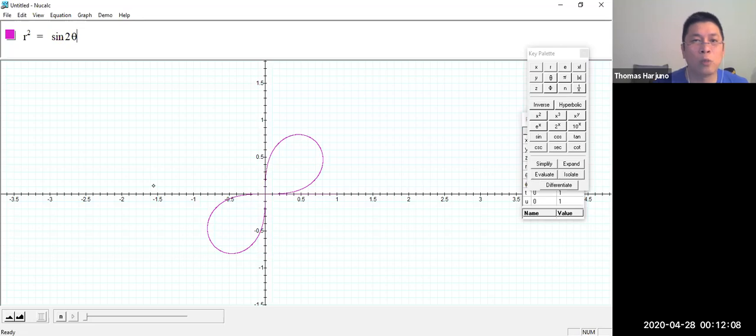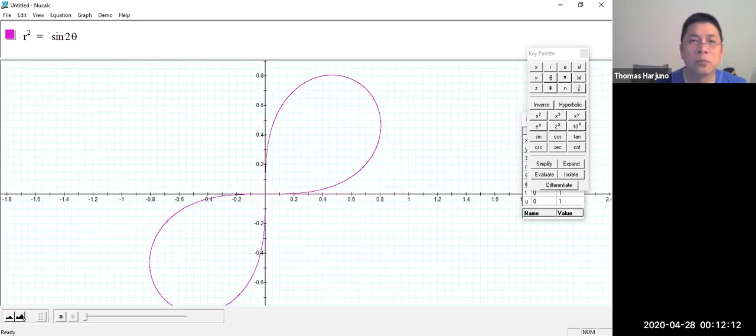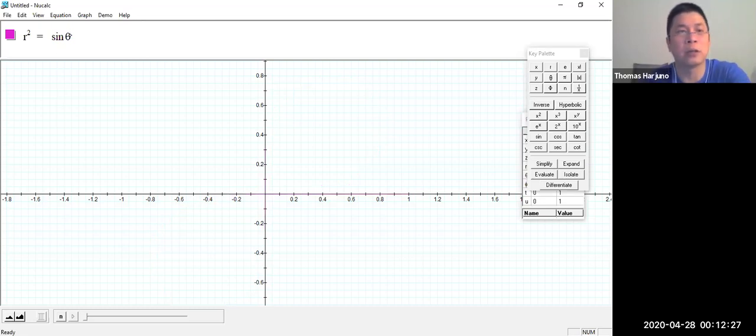The radius is still 1, as I know. The distance from the origin to the furthest point is 1. Okay, still 1 there. Now what happens if I make it 4 theta instead?